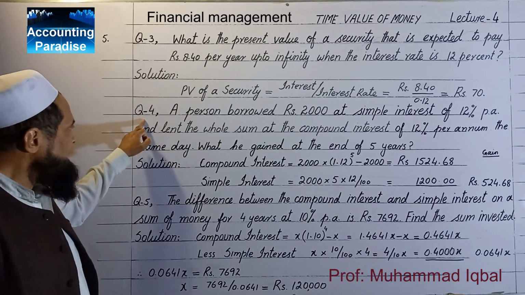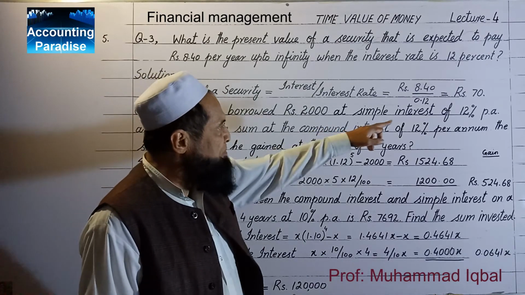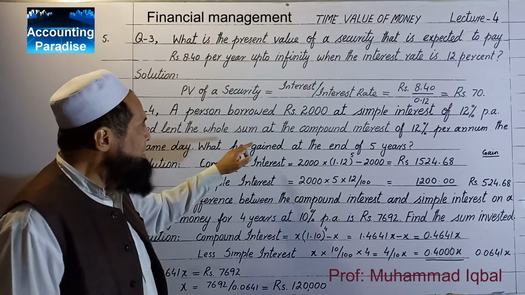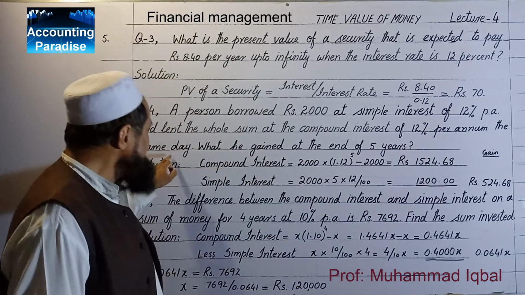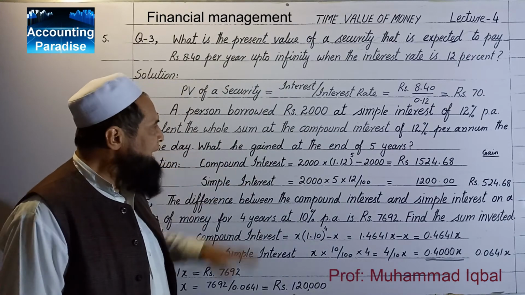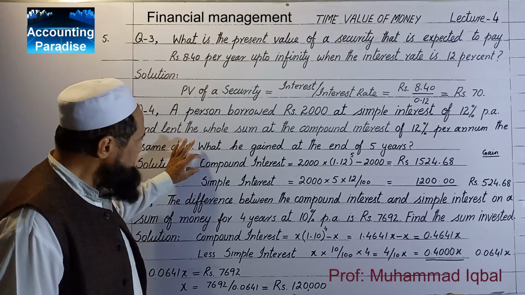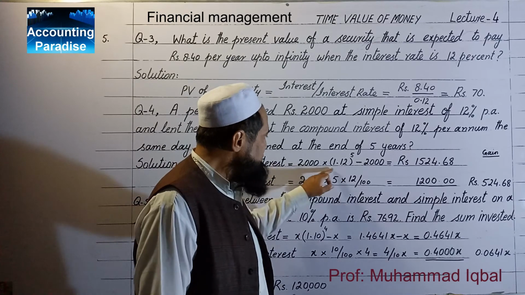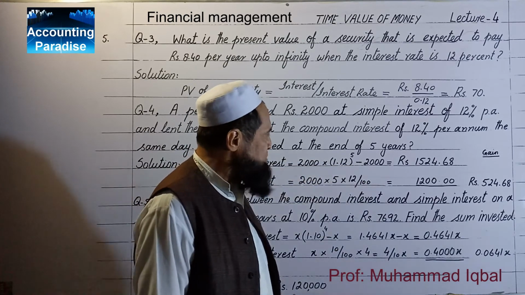Question number 4. A person borrowed rupees 2000 at simple interest of 12% per annum and lent this whole sum at the compound interest of 12% per annum the same day. What did he gain at the end of 5 years? Now we calculate the compound interest. Compound interest is equal to 2000 into 1.12 raised to the power 5 minus 2000.